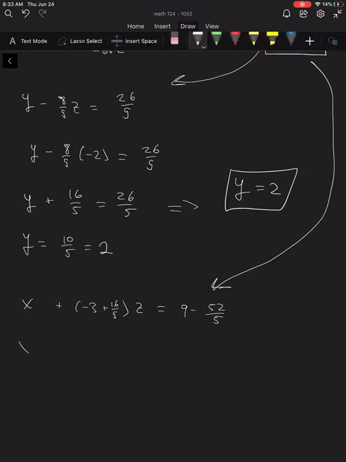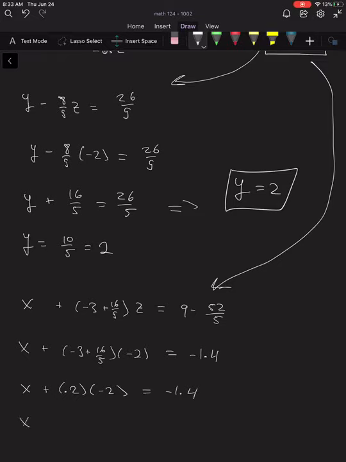So we can also plug minus 2 into this equation. So what we're going to get is x plus minus 3 plus 16 over 5 times minus 2 is equal to, let's see what that is, 9 minus 52 over 5 is minus 1.4. Minus 3 plus 16 over 5 is 0.2, so this is going to be x plus 0.2 times minus 2 is equal to minus 1.4.